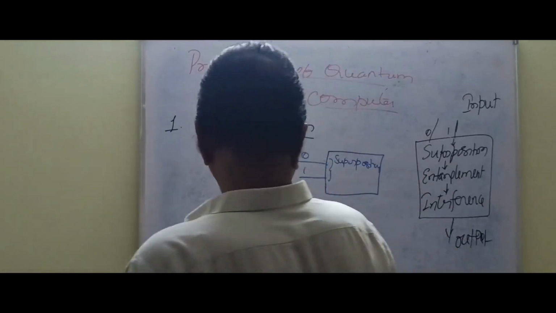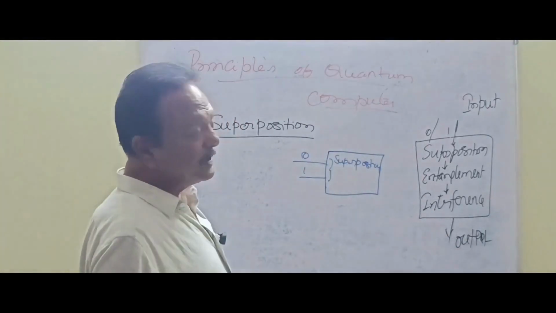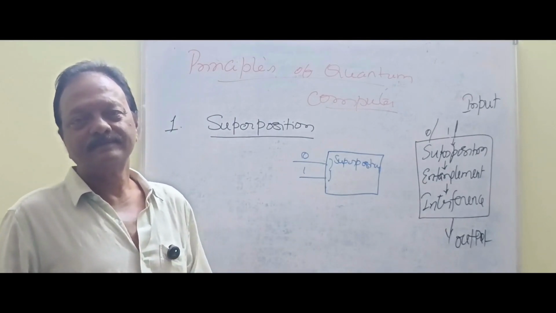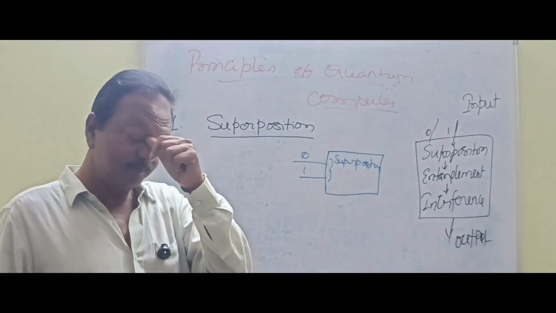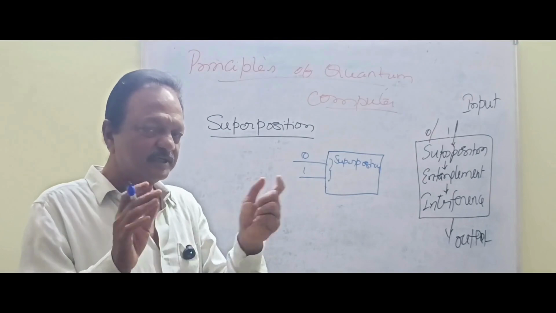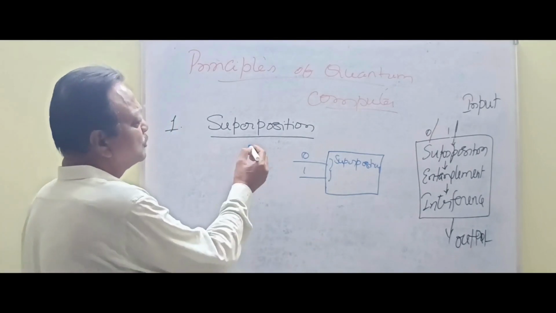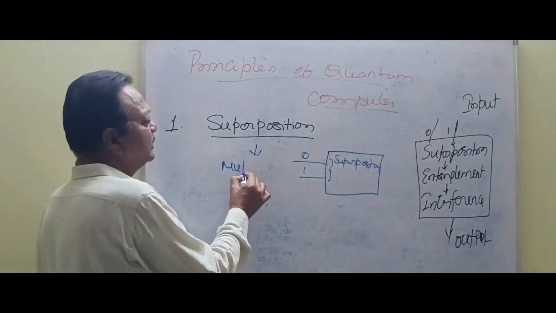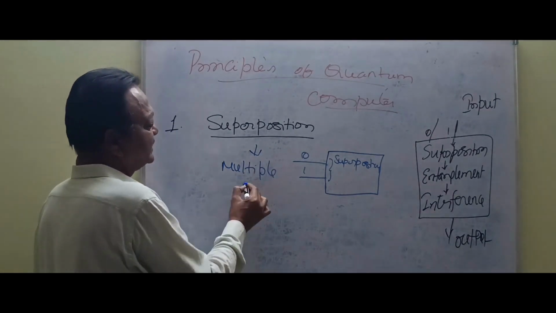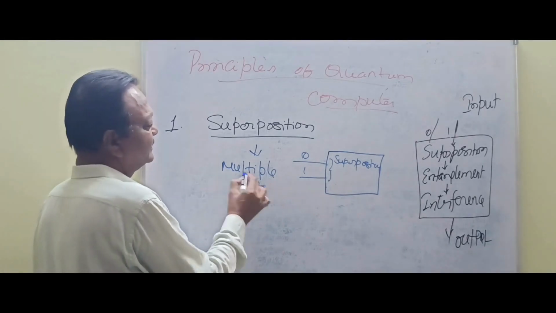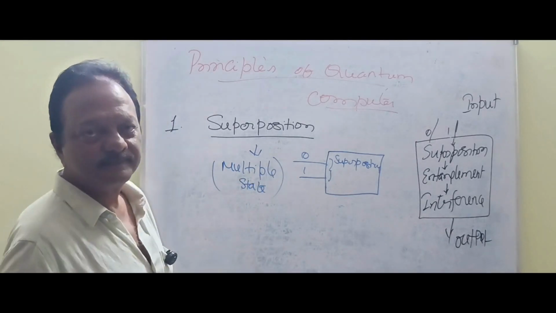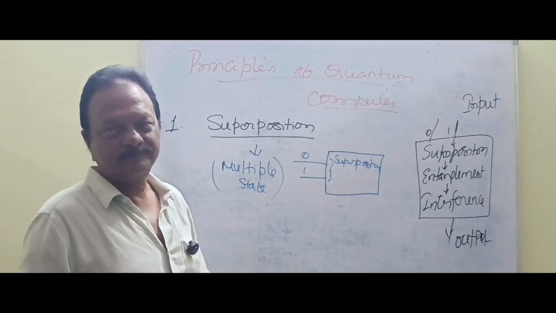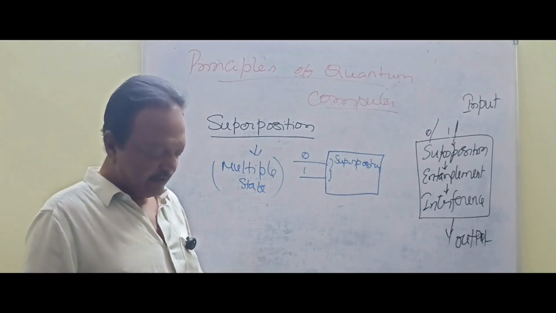So when you are in multiple states, not a single state, multiple positions or multiple states, we call it superposition. Understood? At that time we can't say which position you are in. Let me give you one example.